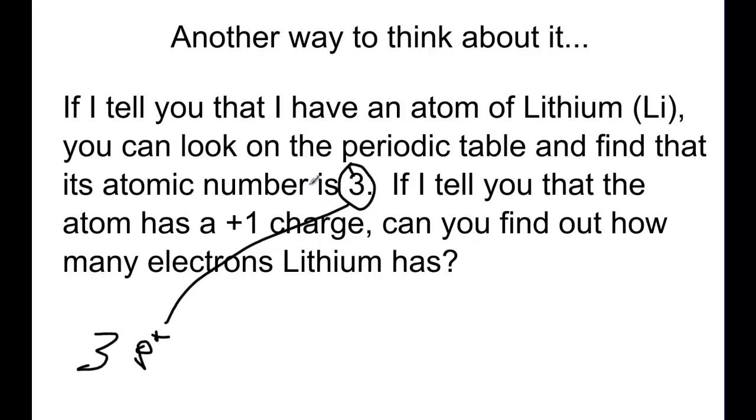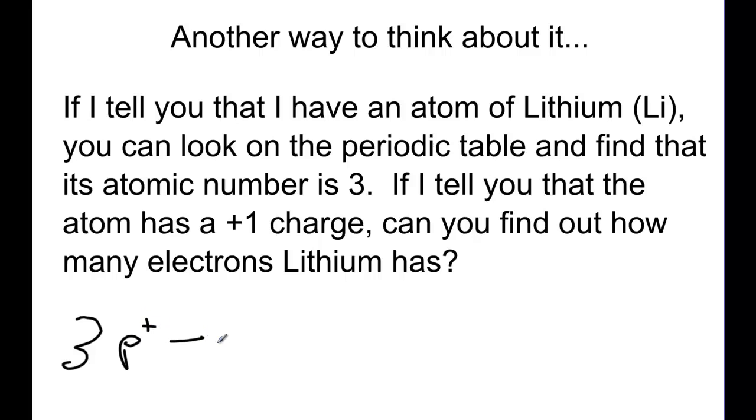Okay, so now I'm going to give you charge. Okay, so it has an overall +1 charge. How many electrons does it have? All right, so let's set up our formula. 3 protons minus an unknown number of electrons equals a +1 charge.